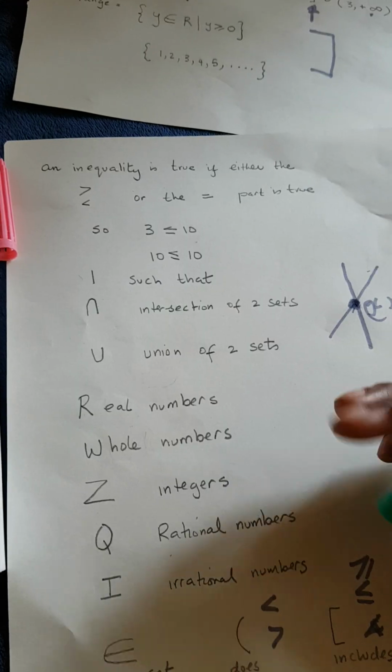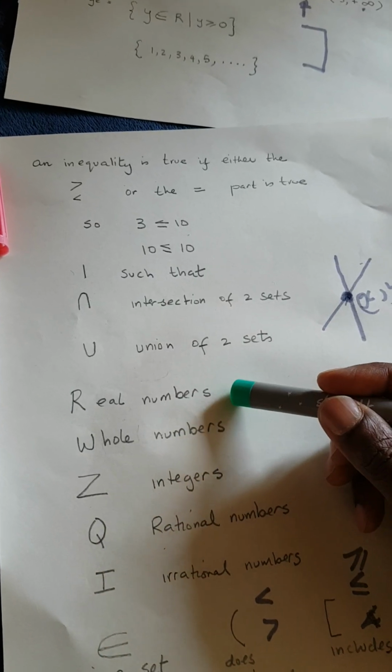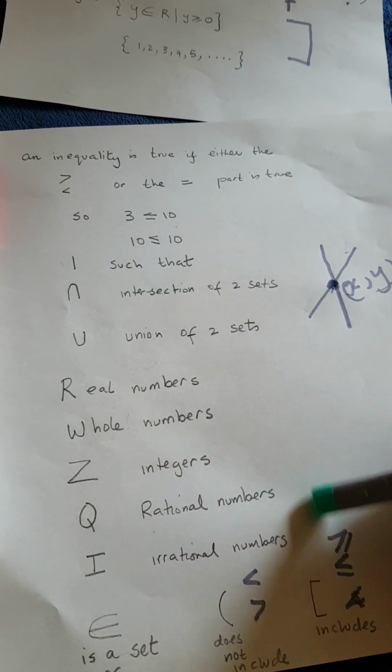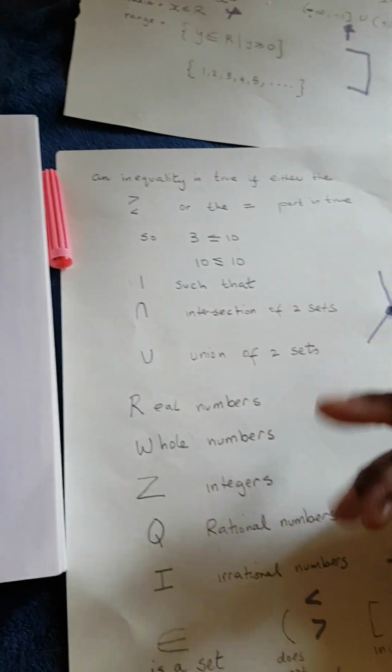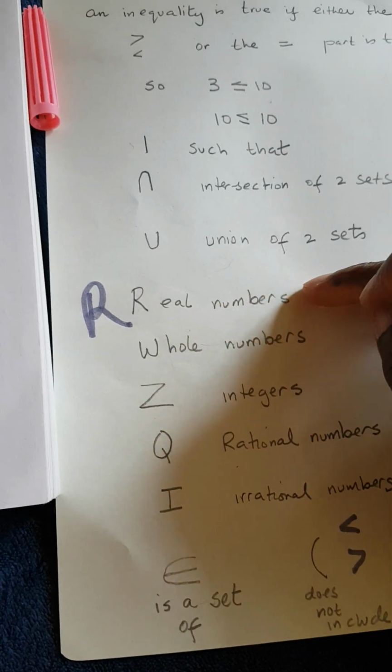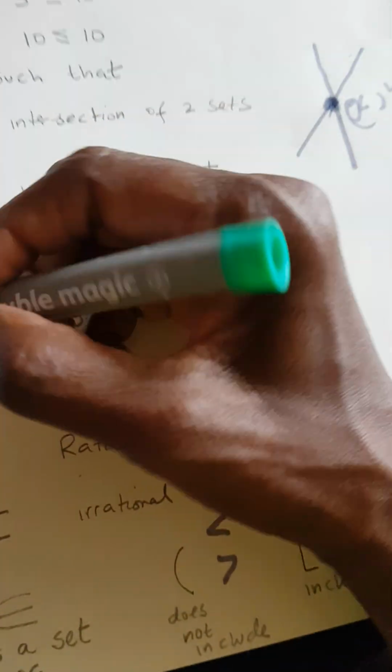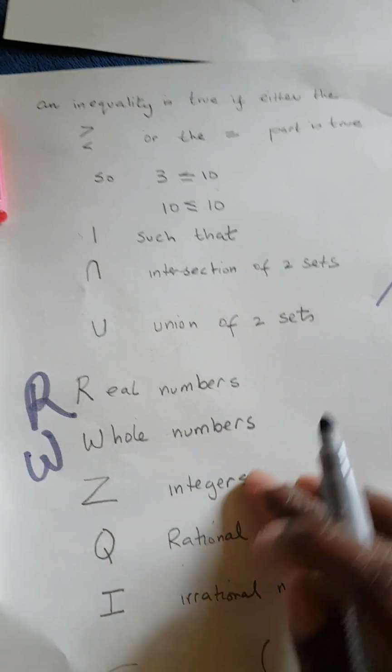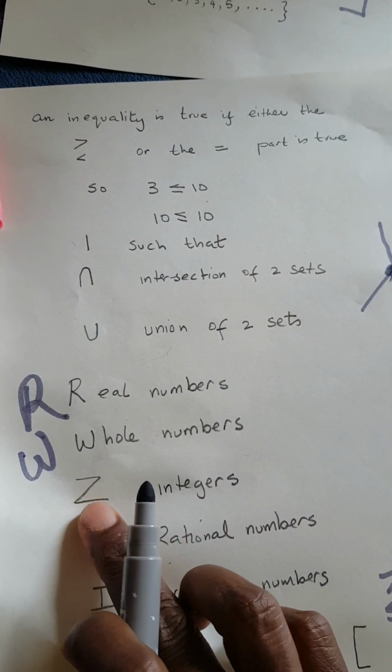So you might want to look up these. R stands for real numbers. W means whole numbers. Z stands for integers.